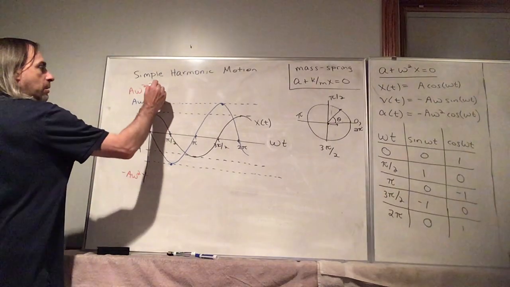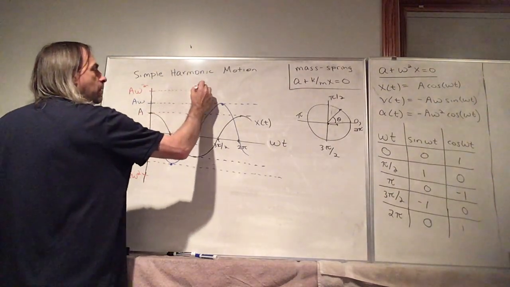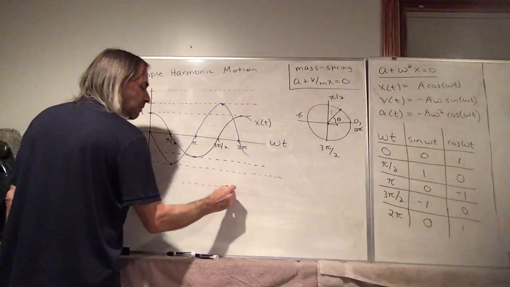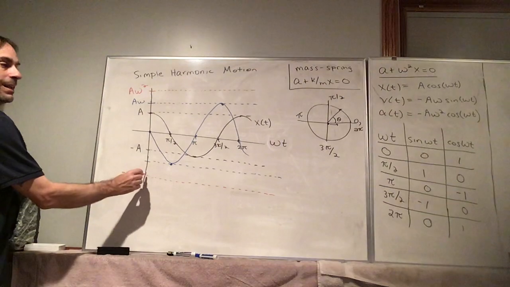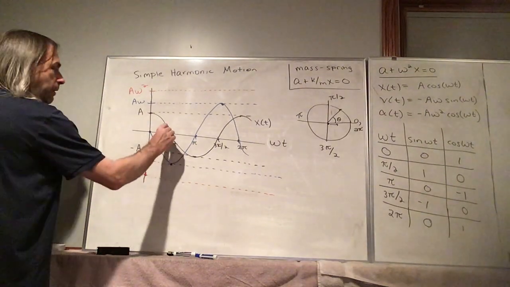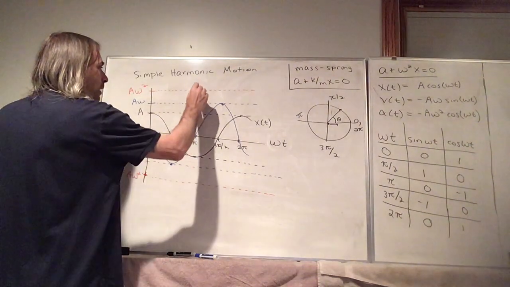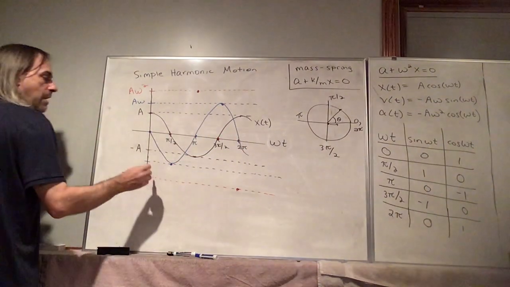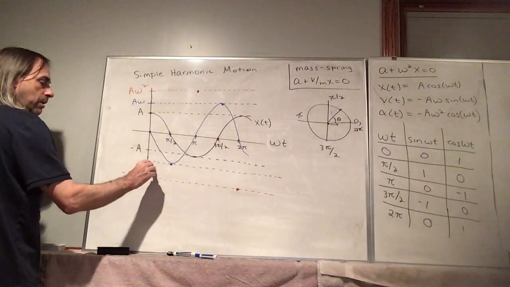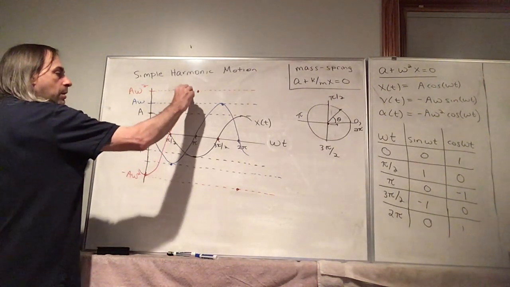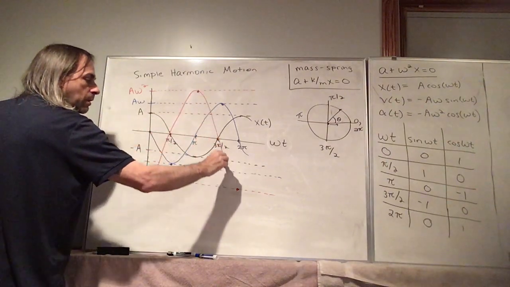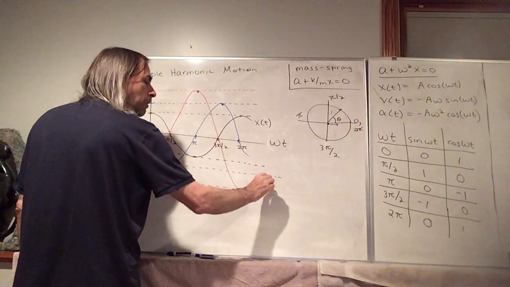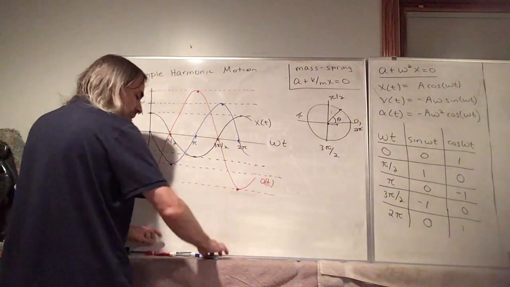So we're going to start at negative 1, and then go to 0, and then positive 1, 0, and negative 1. So the acceleration plot is going to look like this. So this would be acceleration as a function of time.